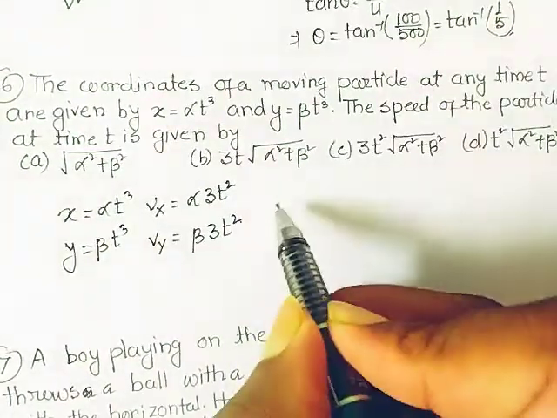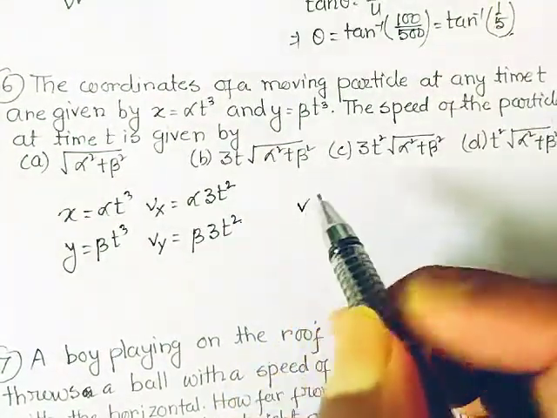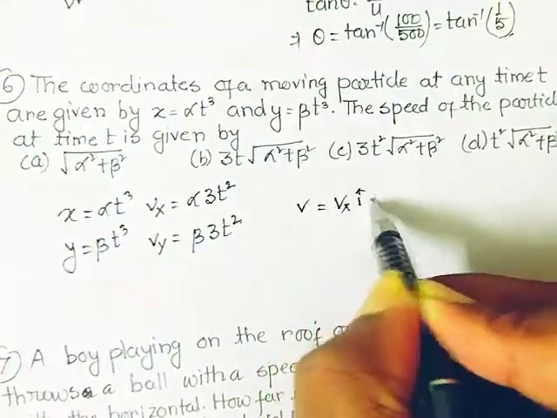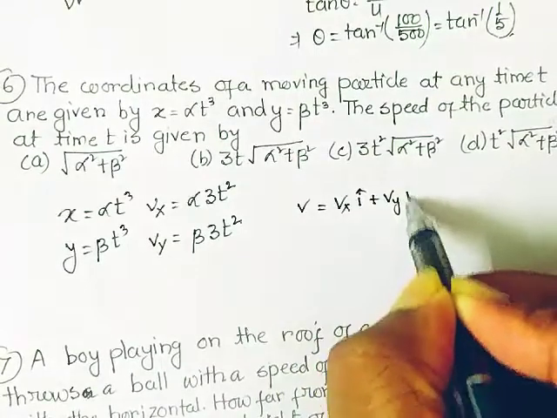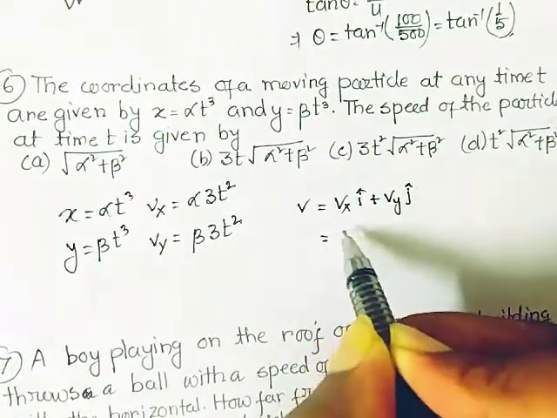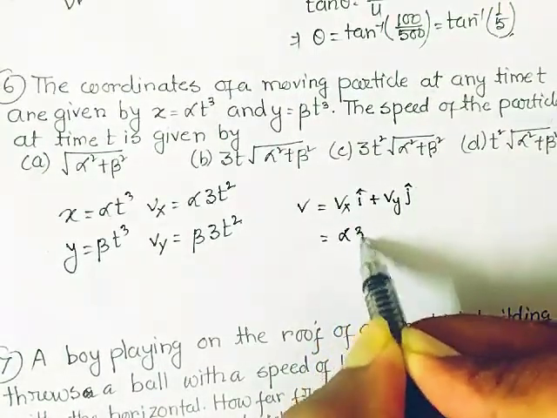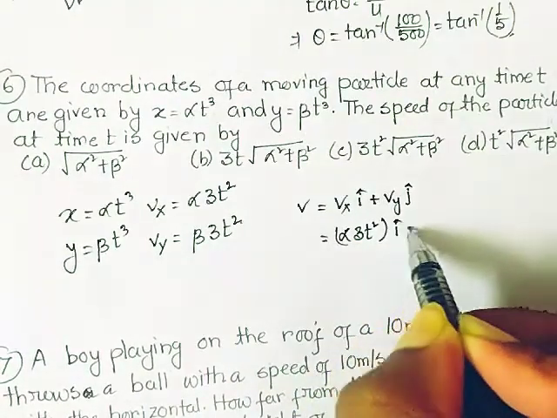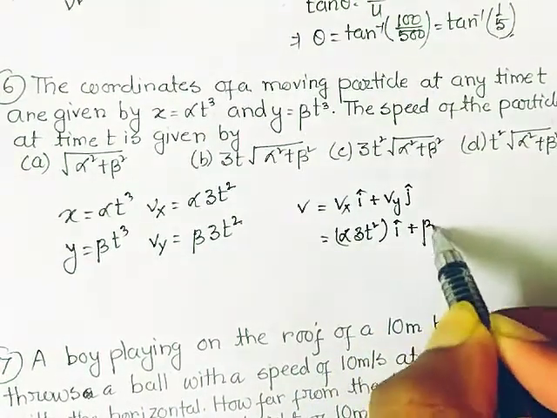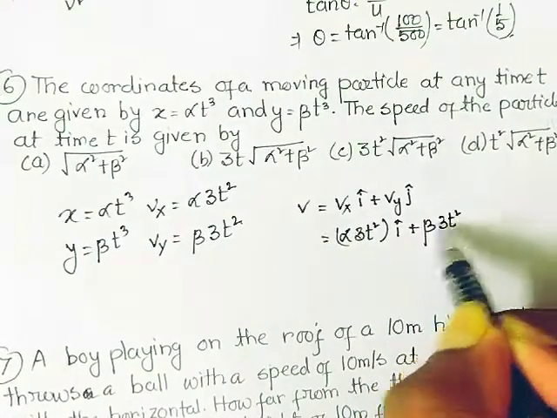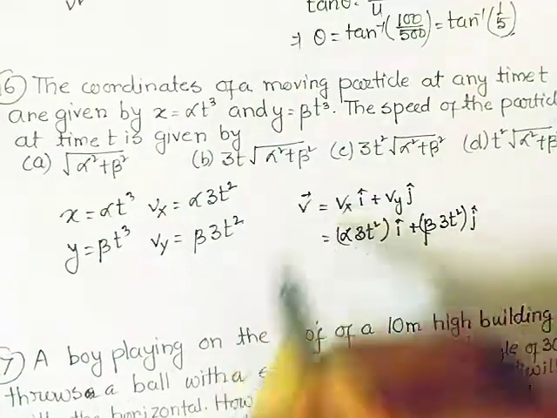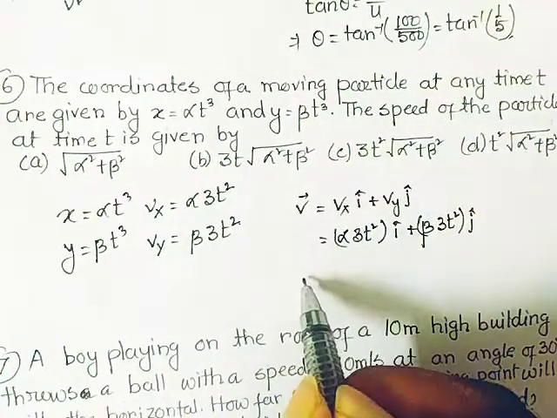What is the speed of the particle at the time t? If I use this, v equals vx i cap plus vy j cap. So it is alpha into 3t square i cap plus beta into 3t square j cap. This is the velocity.